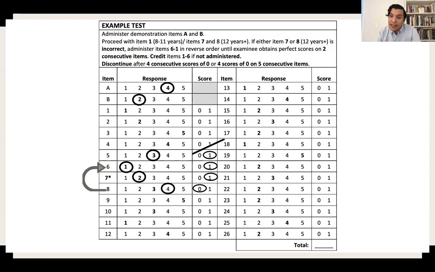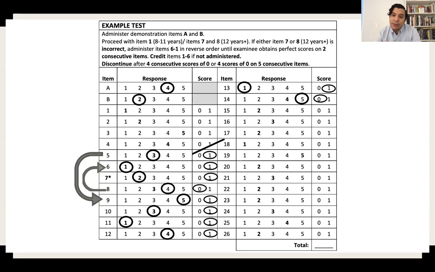We draw a line to indicate that we've met the base. We then proceed in forward administration at item 9. We administer item 9 and that's correct. Item 10, correct. Item 11, correct. Item 12, correct. 13, correct.